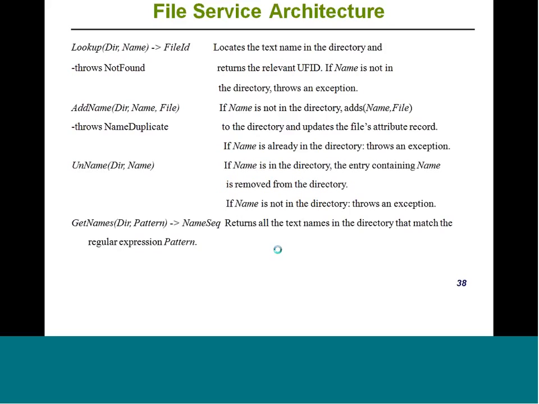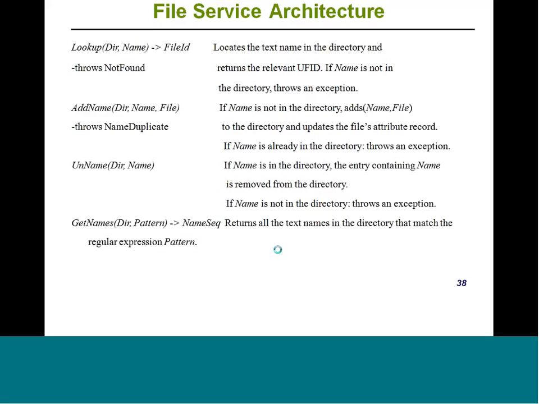AddName adds the name and the file into that particular directory. If that name already exists, then it throws an exception. UnName(directory, name) means that if the name is in the directory, then it is removed from the directory.